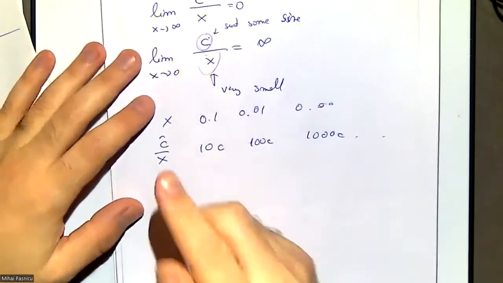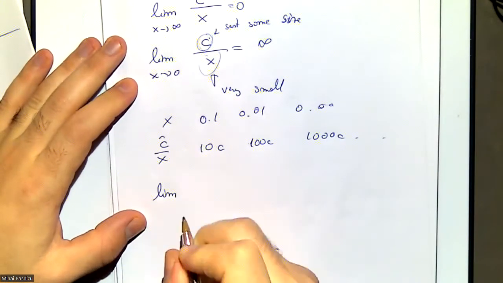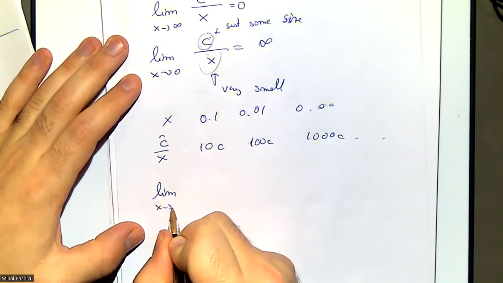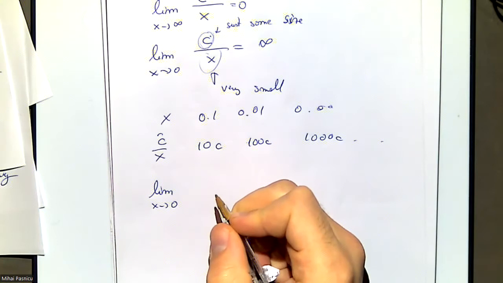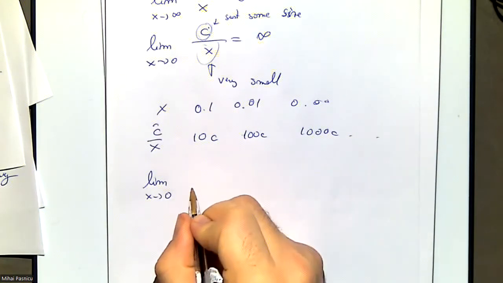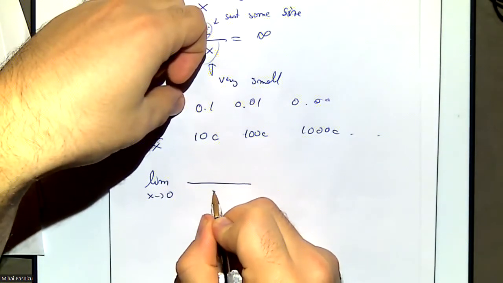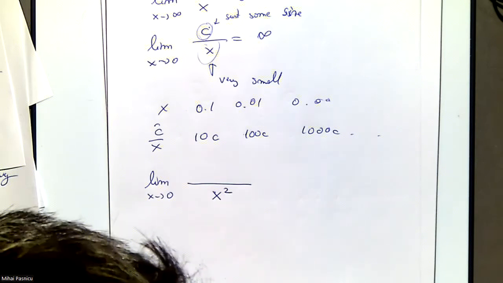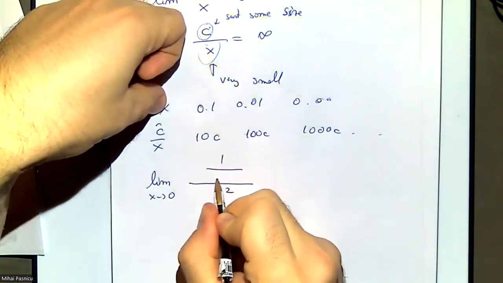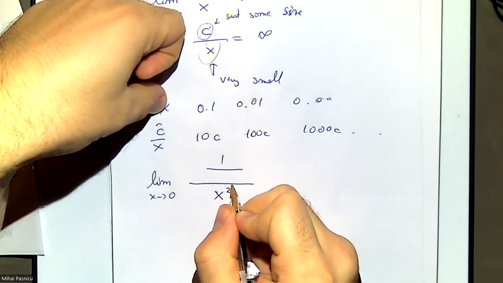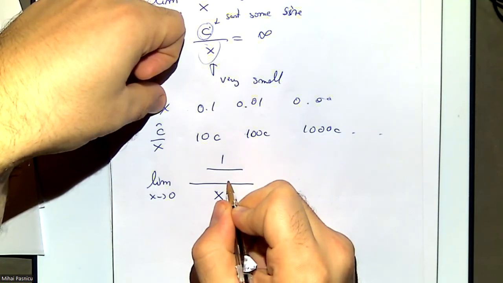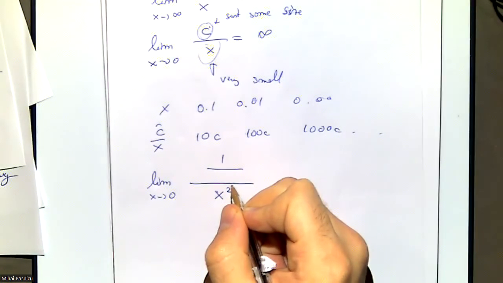Okay, what else? What limits are you interested in finding out? I don't know. What about x goes to 0 of, let's think of a trickier one. Let's say x squared. Okay, give me 1 second.